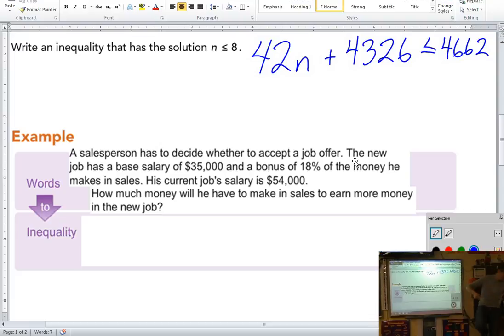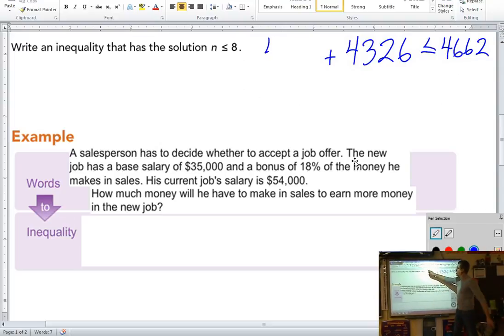So, Mr. Smith, what would be the first thing I would do to start solving this? If I divide by 42, I would divide here and there, and that's quite complicated. We don't start with multiplication or division. We always start by undoing the addition or subtraction.